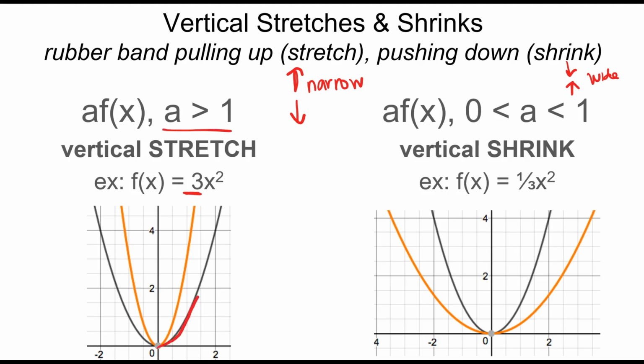So our black function here is our parent function, and it has been vertically pulled to end up giving us that orange function. Here we have 1/3 x squared, so this number is multiplying on the outside of the function, and it's between 0 and 1. And so what happens to our parent function here is it gets pushed vertically and it ends up becoming more wide.